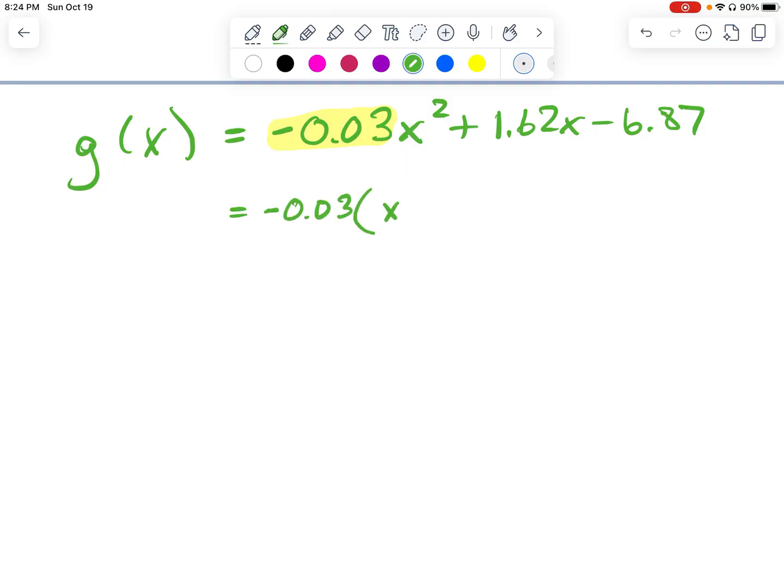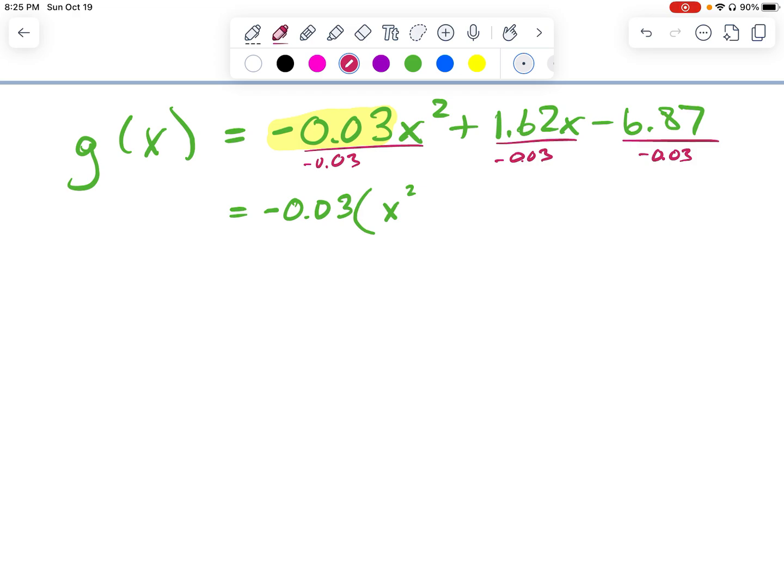And the first term I get x squared. This time it's a little trickier. I'm going to divide every term by negative 0.03. It's a little trickier to do without a calculator because it's not as easy as moving a decimal. You've got to actually divide by 3 also, or you can use a calculator.